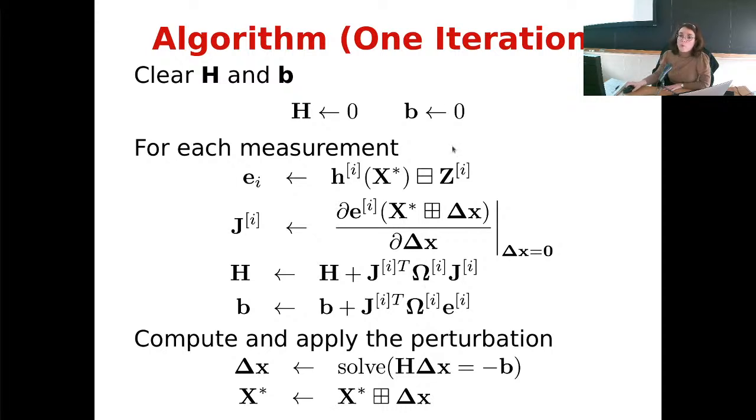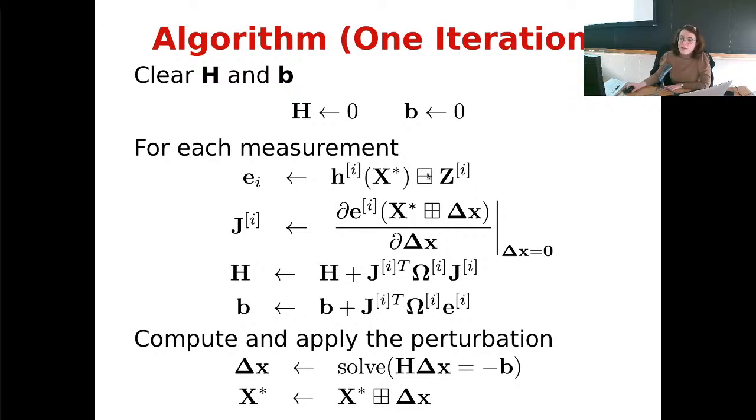Indeed, when the measurement space is a manifold, so it's a non-Euclidean space, then we compute the error function by taking the box minus between the prediction of the measurement and the actual measurement instead of the regular minus.